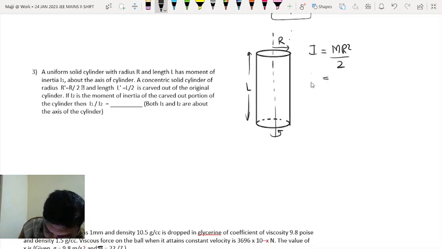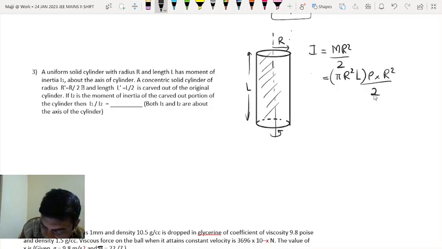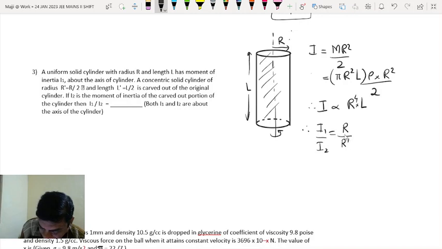Now mass can be written as volume into density. So volume is pi r square L into density. In other words, I will be proportional to r to the power 4 into L. So as per the question, I1 by I2 will be r by r dash whole power 4 into L by L dash whole power 4.